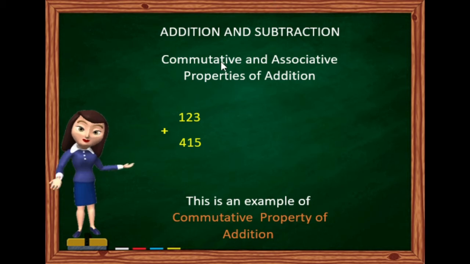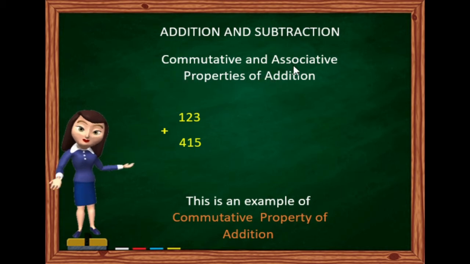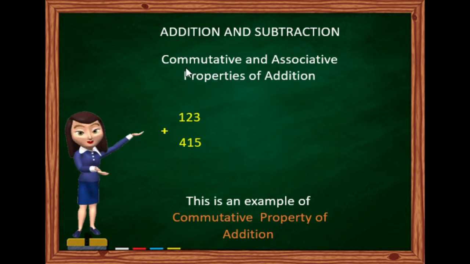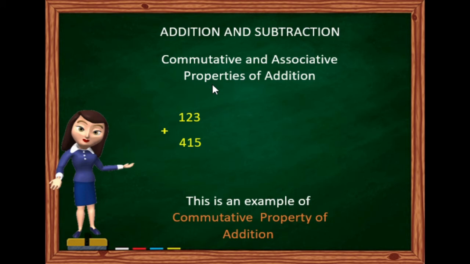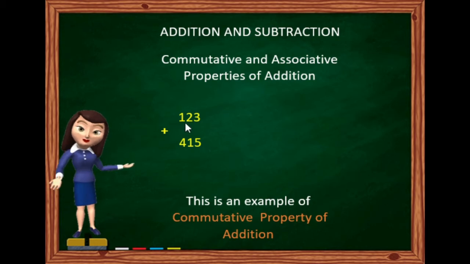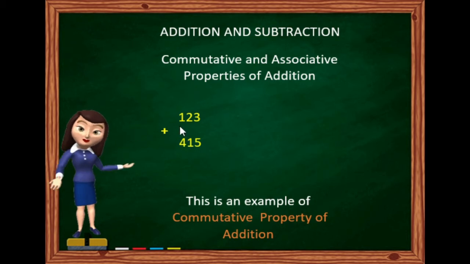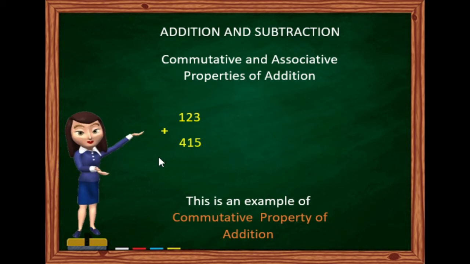So you have here first commutative and associative properties of addition. Commutative properties of addition. Let's take a look at the example. You have here 123 plus 415.